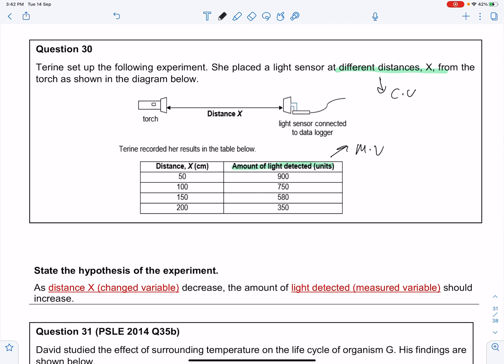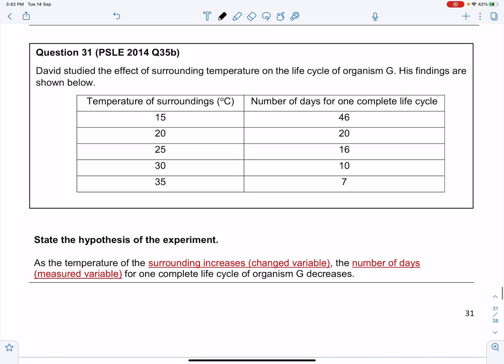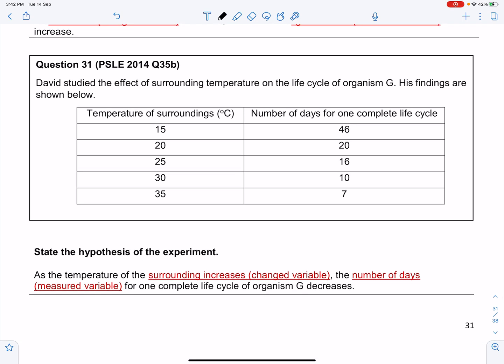Maybe we change this to "if" to make it more consistent. Here's another one. Change this to "if" for more consistency, because this is a hypothesis, not a relationship question.